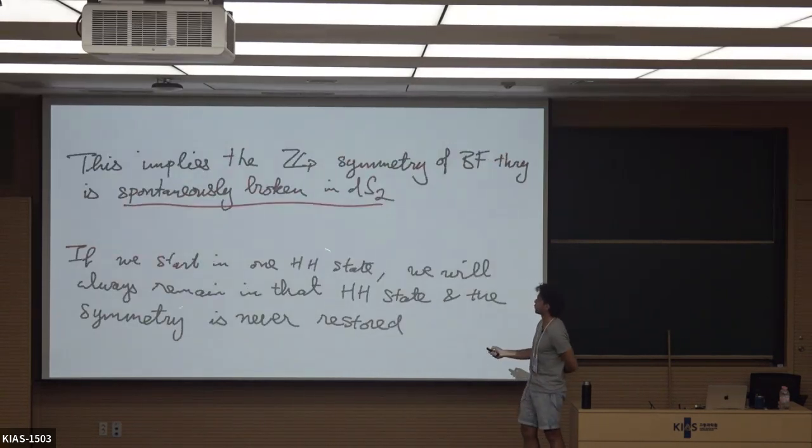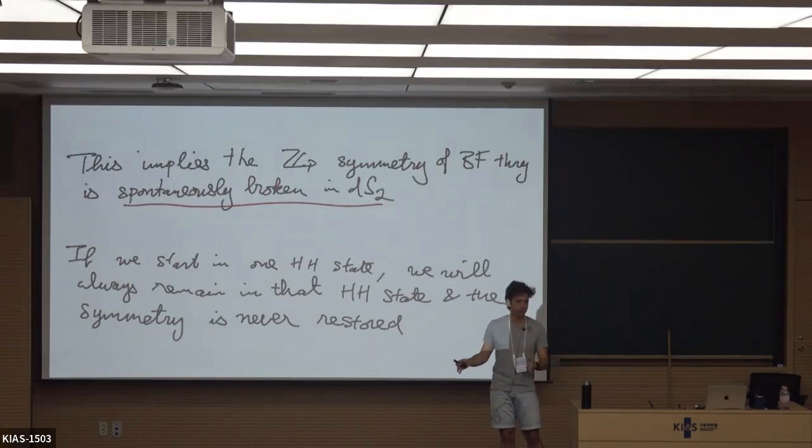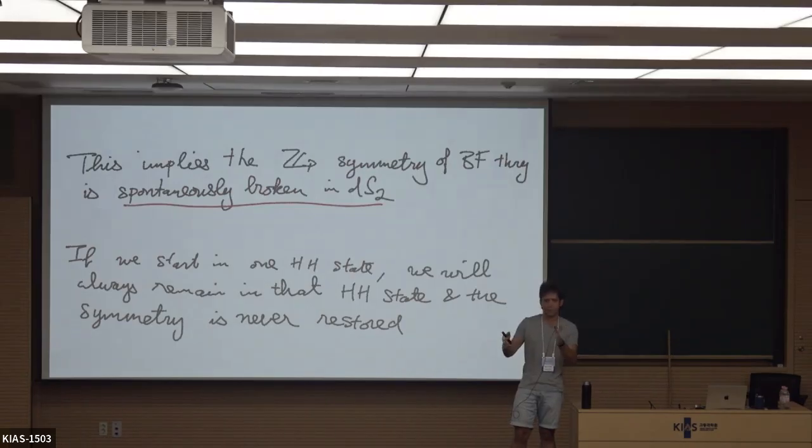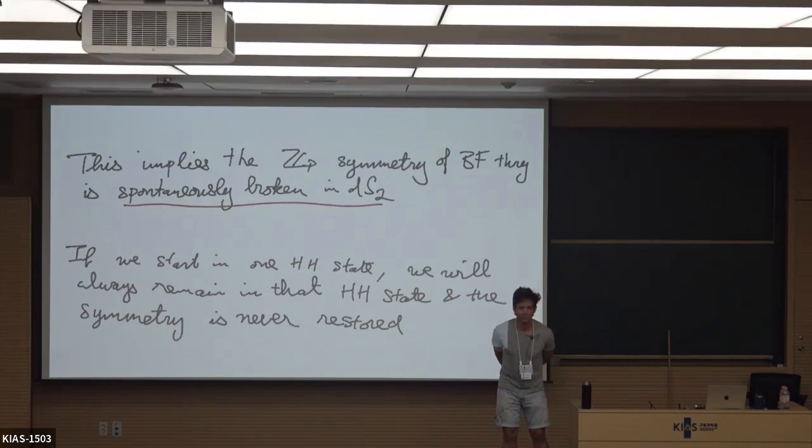So what this means is if we start with the Hartle-Hawking state, we'll always remain in the Hartle-Hawking state, and the Z_p symmetry will never be restored. You'll never populate the other ones because the Hamiltonian doesn't mix between these states. The Hamiltonian is 0, it never mixes between these states, and the symmetry is spontaneously broken. That is precisely the definition of spontaneous symmetry breaking.